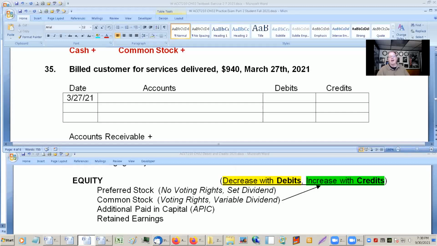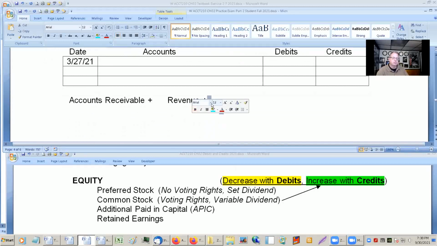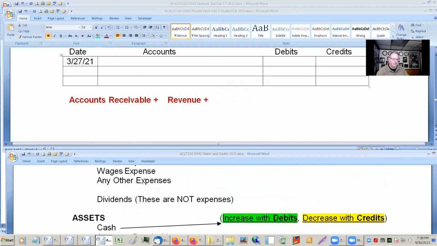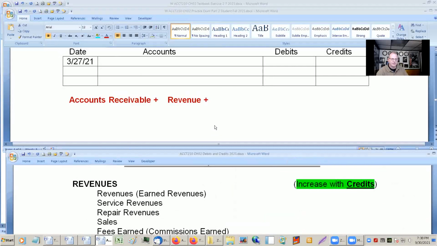We like the revenues because it makes the journal entry very easy. It's some kind of revenue, service revenue. They're always going up. Revenue goes up with credits. If it's a revenue, it's always a credit. Accounts receivable.